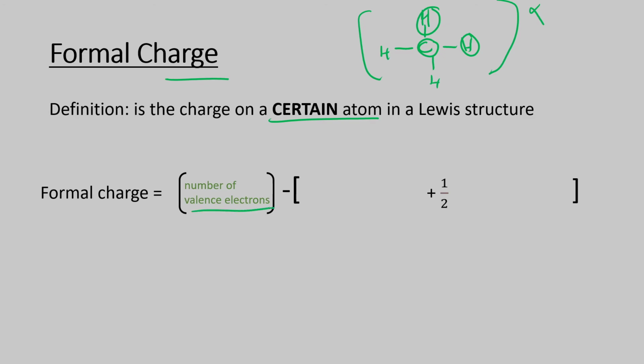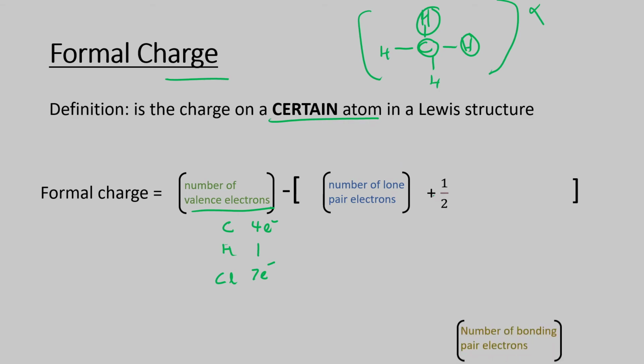We get to know it from its group. Okay. For example carbon has 4 valence electrons, hydrogen has 1, chlorine has 7. That is the example. Minus, in brackets, the number of lone pair electrons plus half times the number of bonding pair electrons.